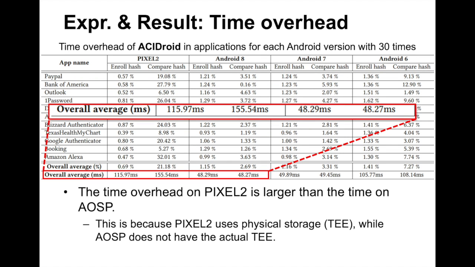The time overhead in the Pixel phone is slower than the time in the Android open source project. This is because the Pixel phone uses physical storage. However, the Android open source project does not have the actual storage. Therefore, the access time to the physical storage might be huge, and this makes the time overhead slower.